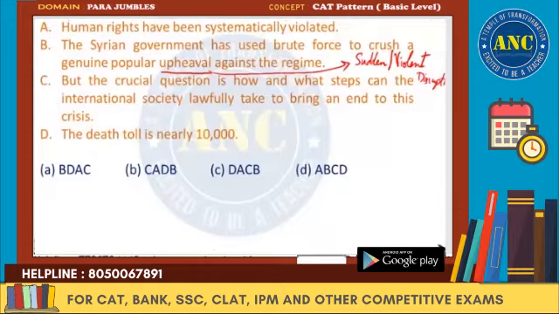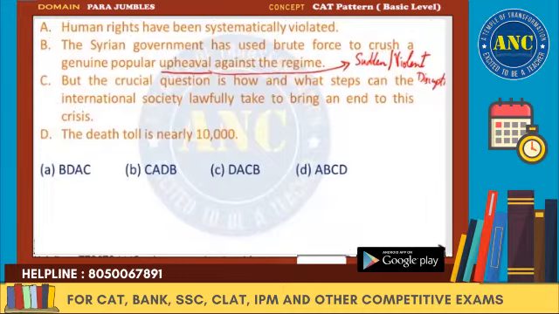So I think here is a case wherein you have a clear-cut case of a conclusion being identified. Out of these 4 sentences, only one sentence can be the conclusion. Forget about where every other sentence should be, but which is the clear-cut conclusion here? It is C, which is saying, but the crucial question is how and what steps can the international society lawfully take to bring an end to this crisis.